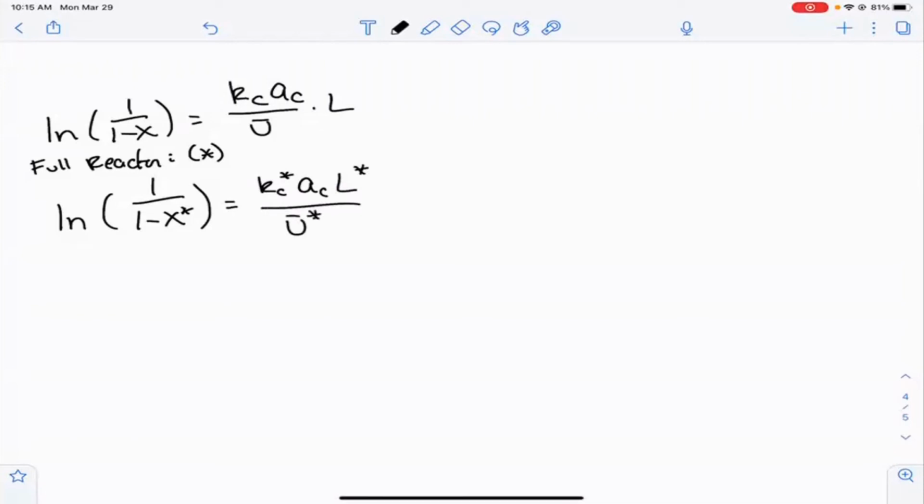But let's look at the case when we split the reactor into different sections. And I'm going to denote those with dashes over the numbers instead of stars.